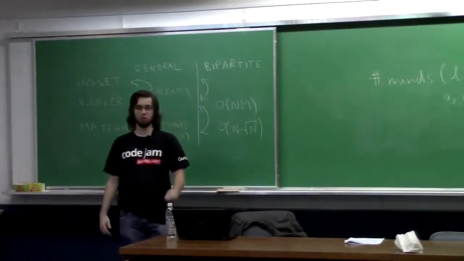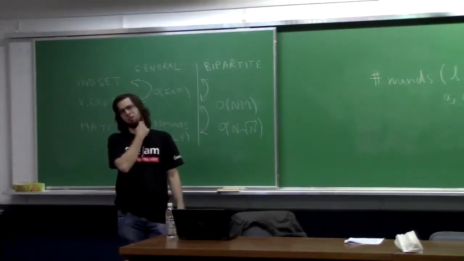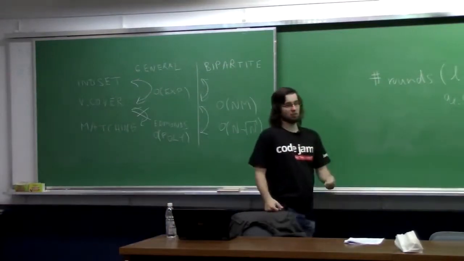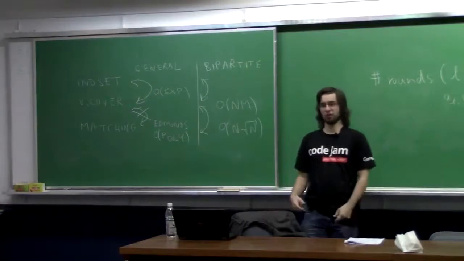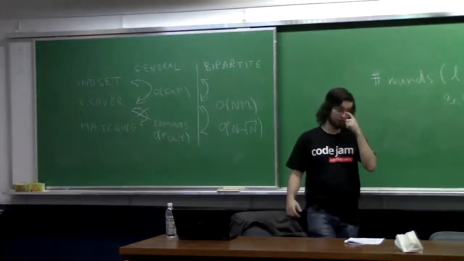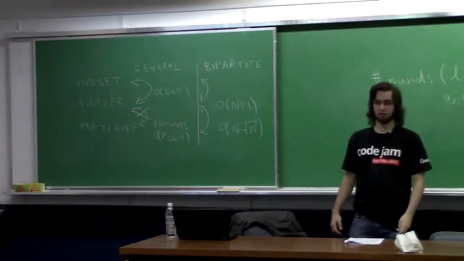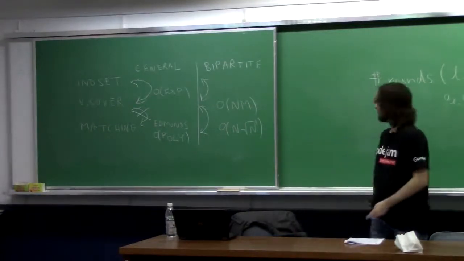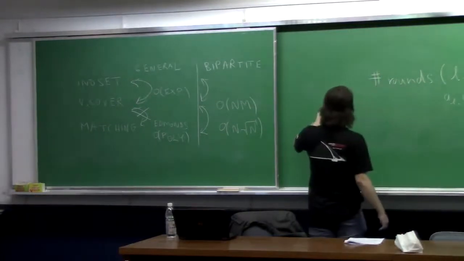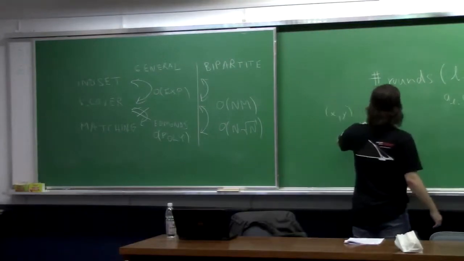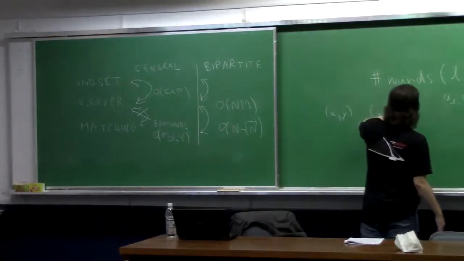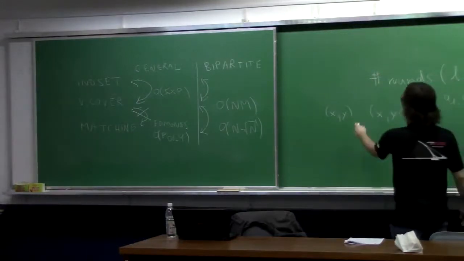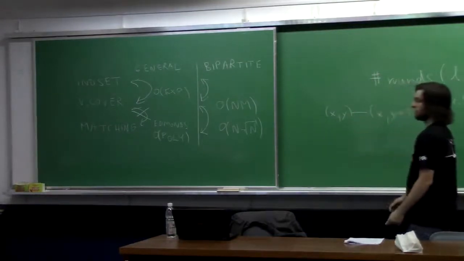So we have these points, and we know that each pair of points that are adjacent, that have just one coordinate difference equal to 1, and the other coordinate is equal. So xy and xy plus 1 cannot be chosen at the same time. So there will be an edge between them in that graph.